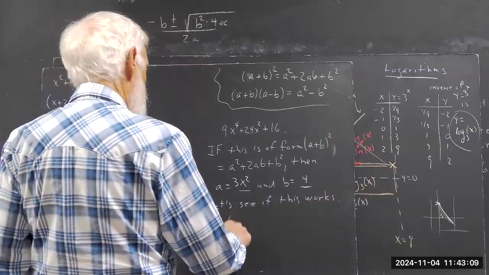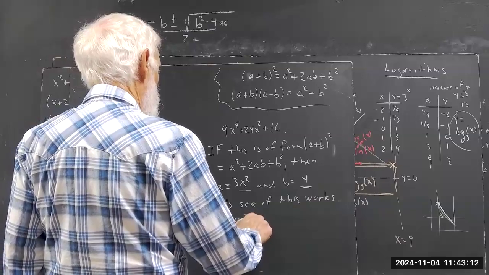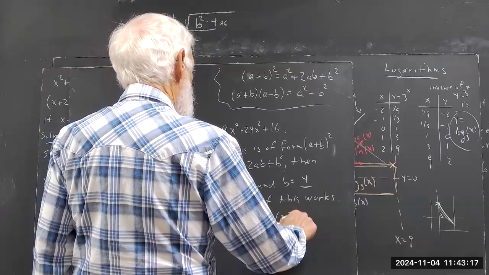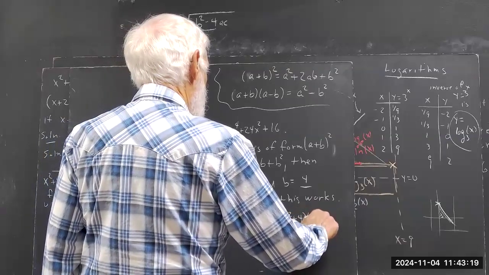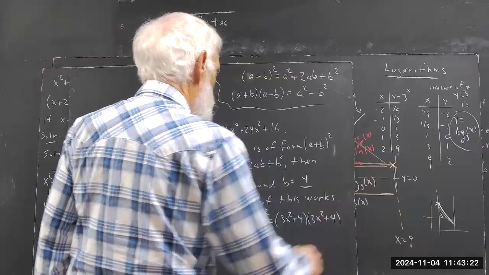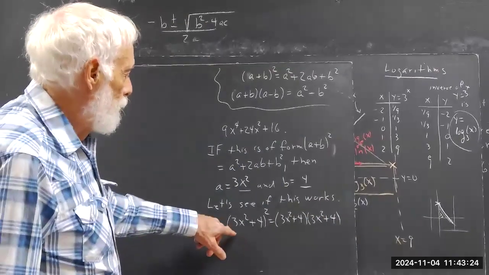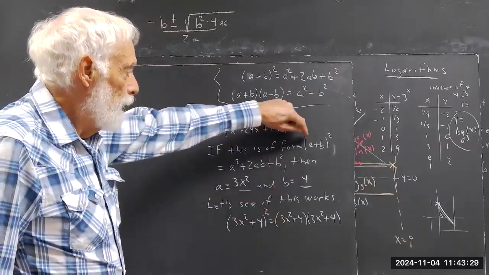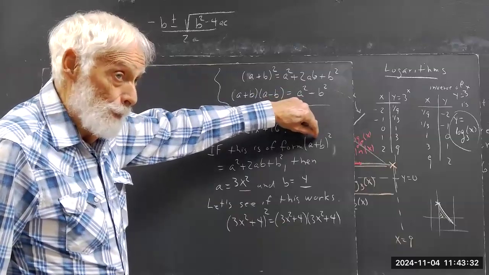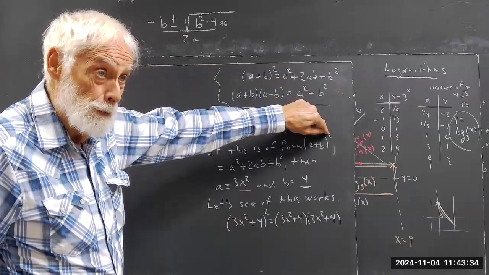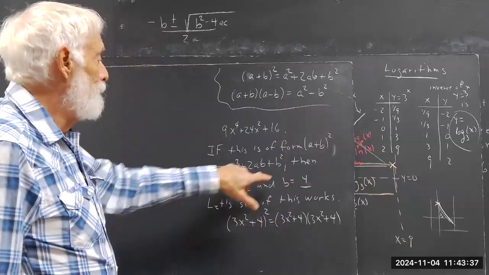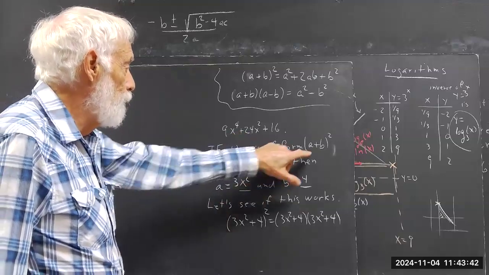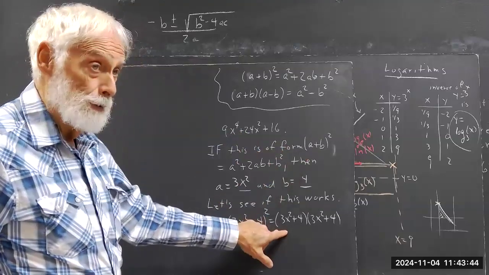Let's see if this works. Of course, you understand the squaring of 3x squared plus 4 is this. We've identified a and b, and we're trying to get something of the form a plus b quantity squared. So if this is of this form, then it's got to be this.